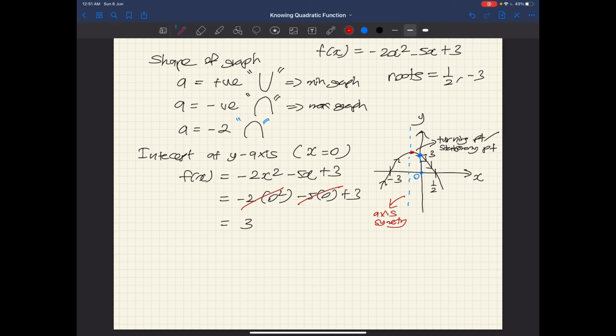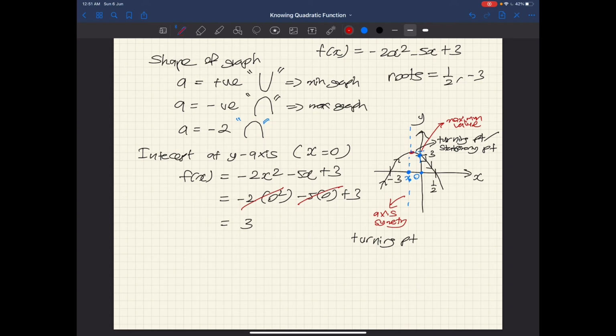So the axis of symmetry is defined at the turning point, or my turning point is my axis of symmetry. In this case, my axis of symmetry will fall here at the x-axis. Correct? And this is the value of what we call the maximum value.